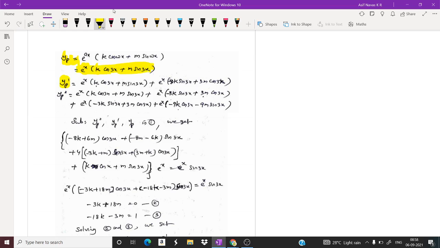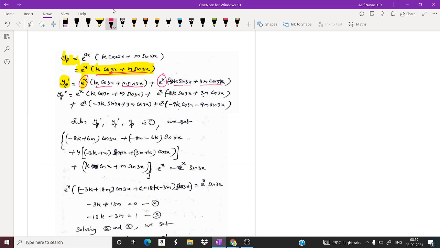Now yp dash we will differentiate: derivative of e raised to x into this, that is k cos 3x plus m sin 3x, plus e raised to x into the derivative of this, that is derivative of k cos 3x is minus 3k sin 3x, derivative of m sin 3x is plus 3m cos 3x.